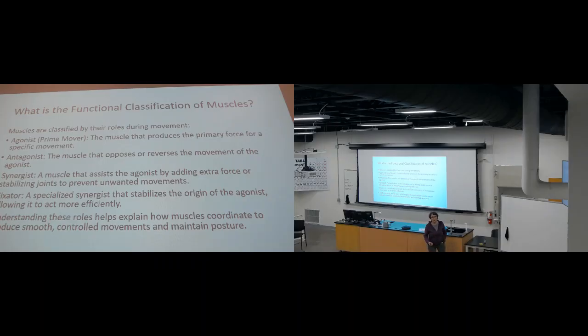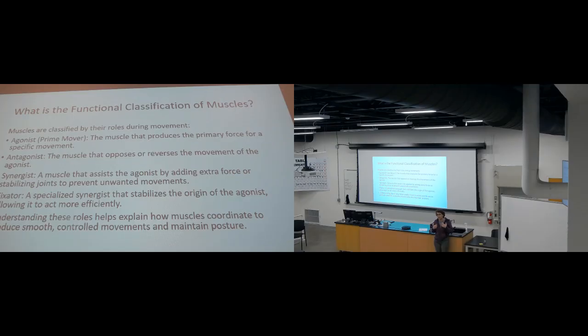Prime movers, the muscles in charge of making a primary motion or movement, are called agonists. For instance, if your purpose is flexing the elbow, your biceps brachii will be the prime mover or agonist of elbow flexion.